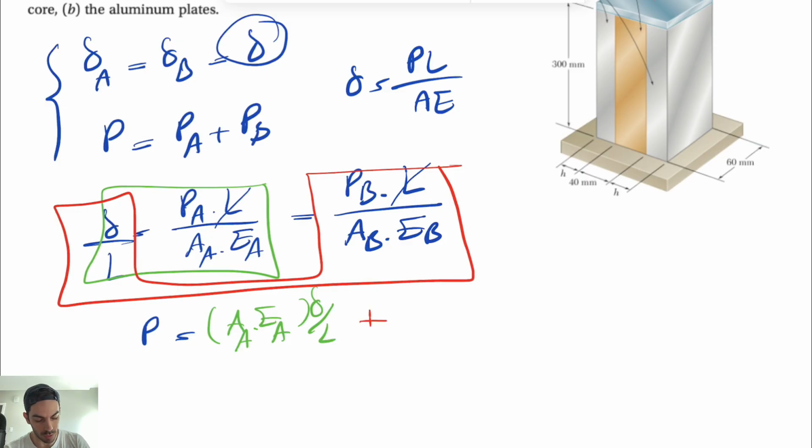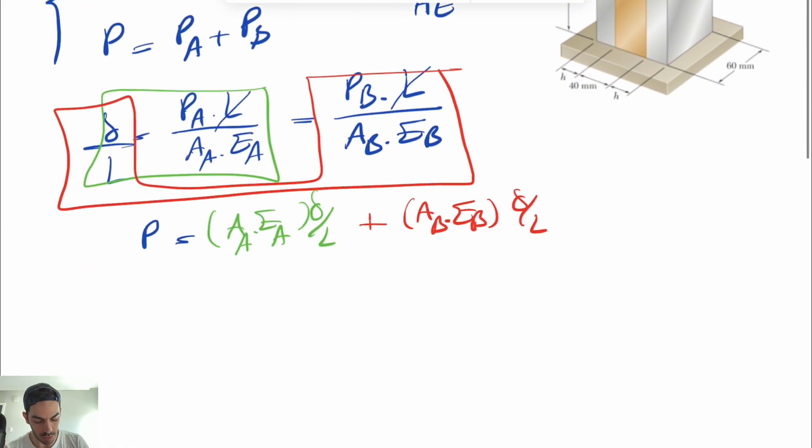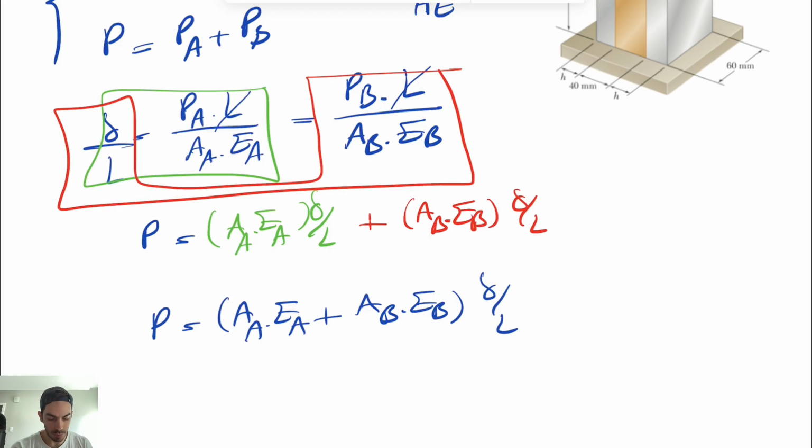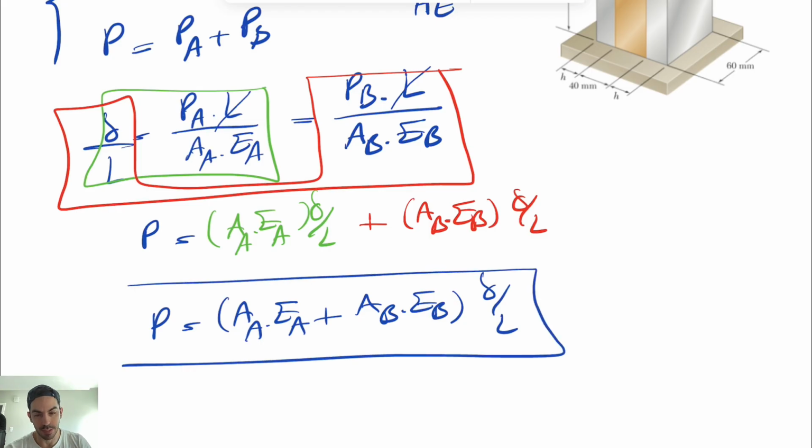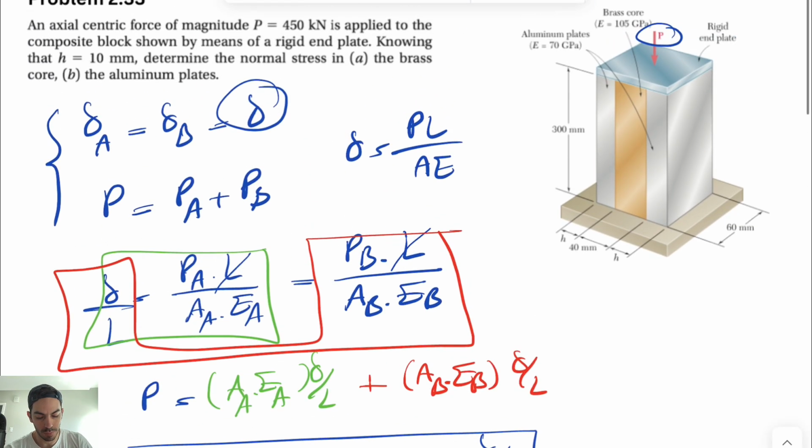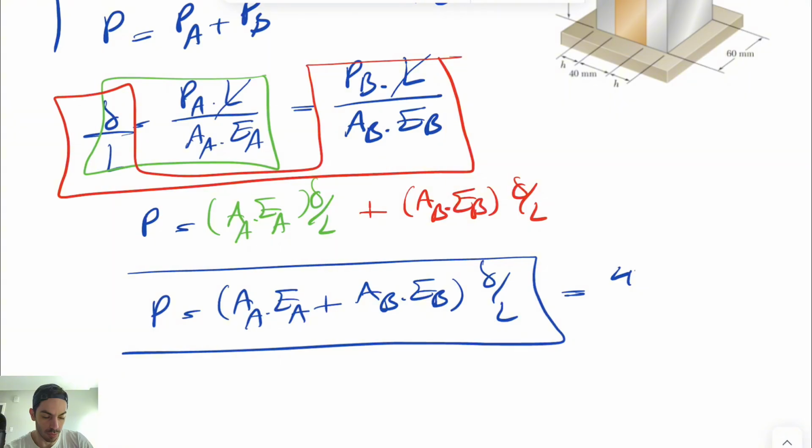So this will be plus P_B, which is the area of the brass times the elastic modulus of brass times delta over L. Now we can factor the delta over L, and this is what we have for our P, which we know is equal to the force P, which was 450 kilonewtons.